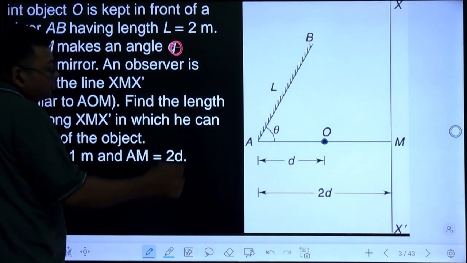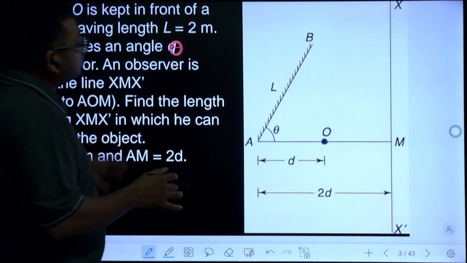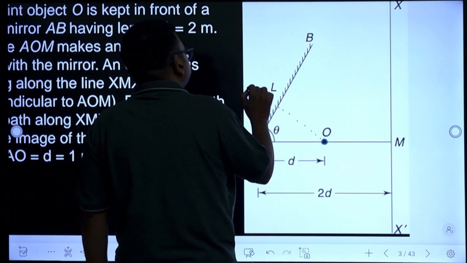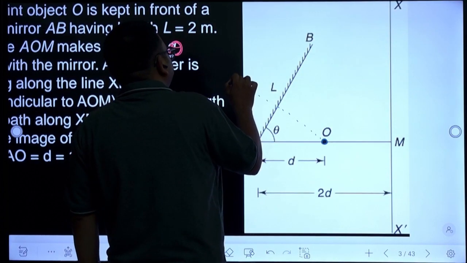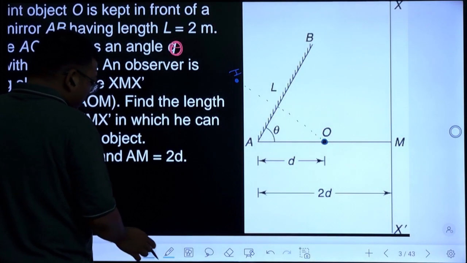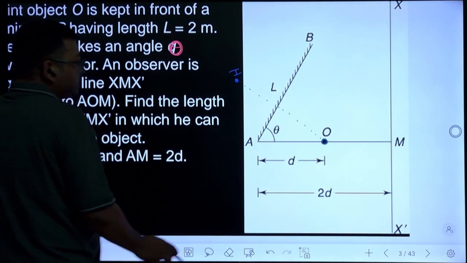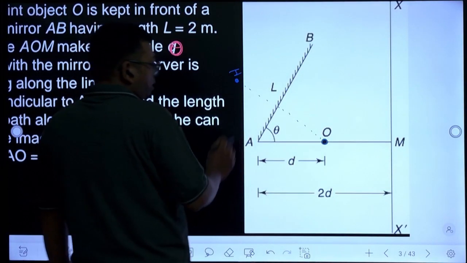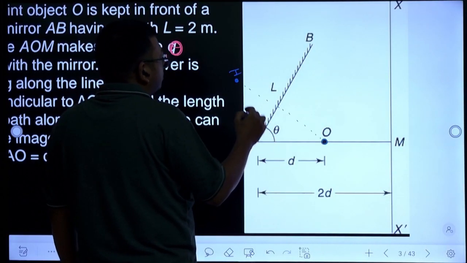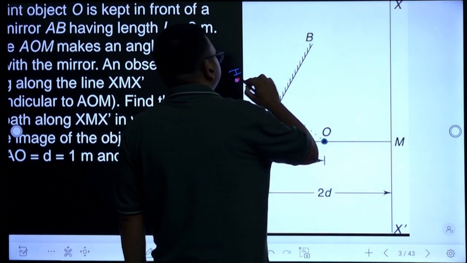The person has to see this image, they are saying. So where will the image form? Image will be formed exactly inside somewhere here. This is the image. Now we need to connect the edges. I'm just trying to draw a rough diagram. So edges we have to connect with the mirror like this.